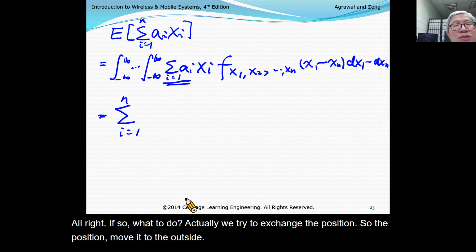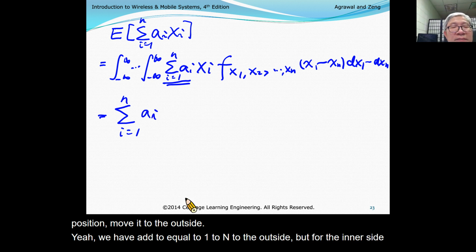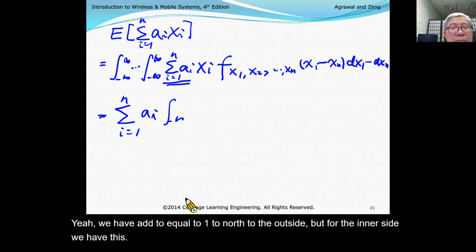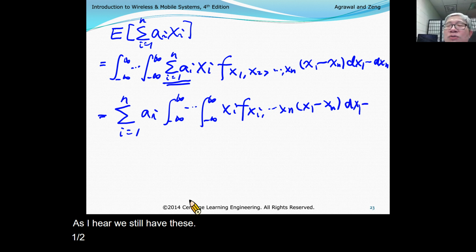Here we have i equal to 1 to n, to the outside, but for the inner side, we have this. xi, here we still have this 1 to n, 1 to n, and dx1 to dxn.